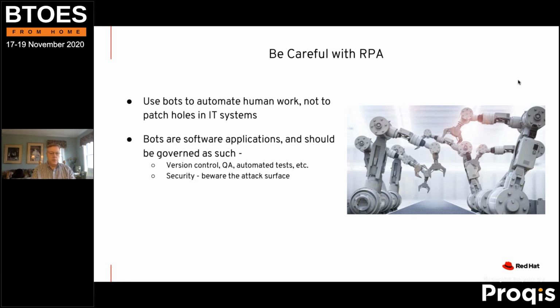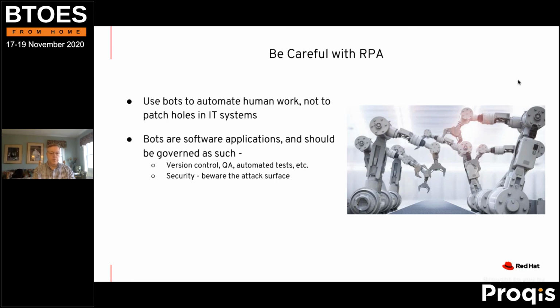My general rule is think about RPA as a technology to automate human work. We see a lot of what I would call misuse of RPA, where it's being used simply to patch holes in IT systems. Generally, if there's a problem with accessing data from one system via another, that's not a task for a robot. That's something that you need to look at an integration solution to really approach fixing those holes.